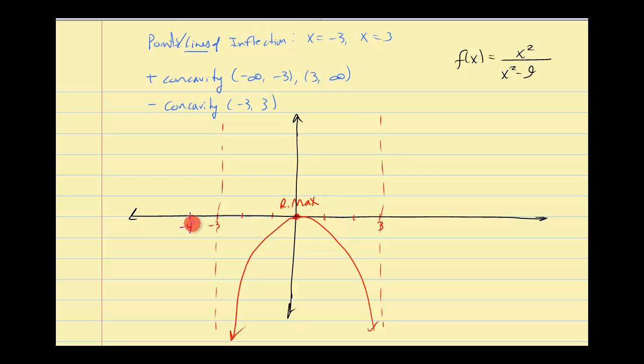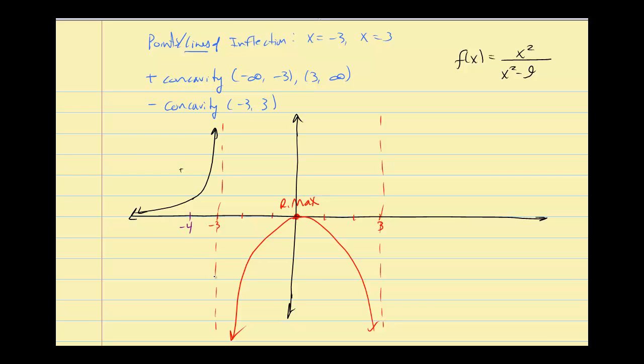I only care about whether that point puts me above the x-axis or below the x-axis. So if we plug in a negative 4, I'll get a positive in the numerator and a positive in the denominator. So that's telling me right away I'm somewhere up here, and that gives me an idea where I have this positive sloping tangent line. You can see I have my positive sloping tangent lines, and I have positive concavity.